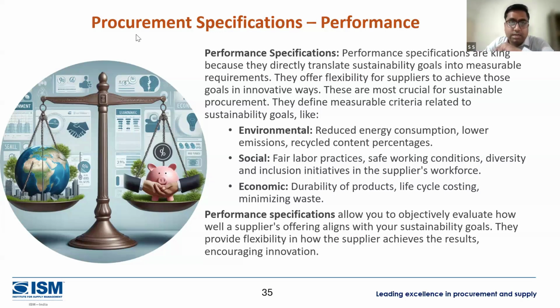Now, Apple, everyone heard about Apple? Apple utilizes performance specification. You have to answer me which performance specification they're talking about. In their supplier contract, the supplier is required to share that they are practicing fair labor.